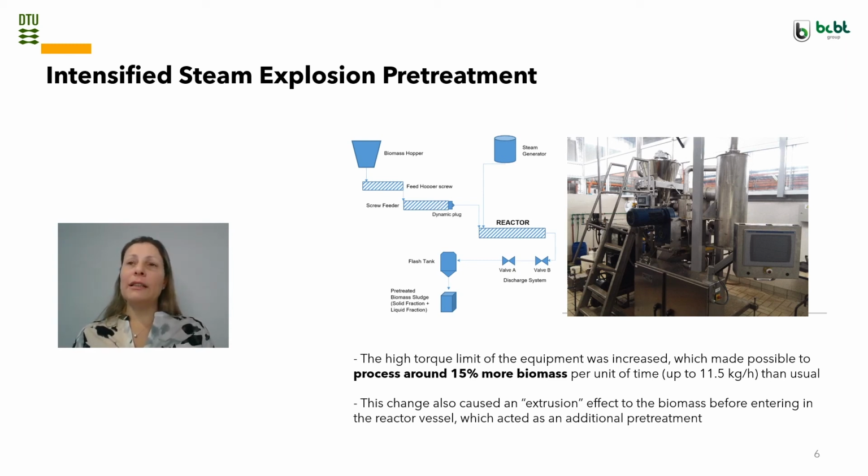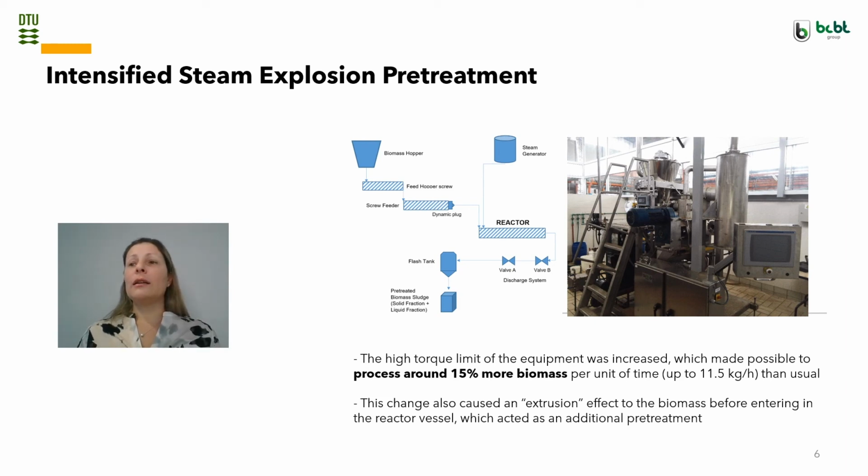In fact, all these assays were performed in a pre-pilot scale steam explosion plant. What we have done here was to change a bit the high torque limit of the equipment so that we could process more biomass at the same time. By doing these modifications, it was possible to process around 15% more biomass per unit of time.